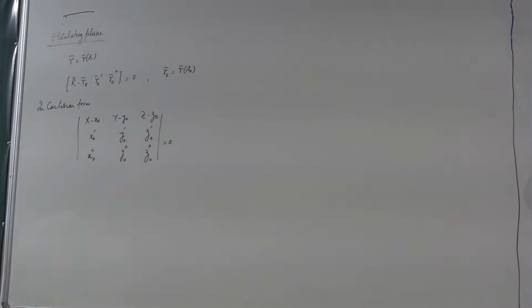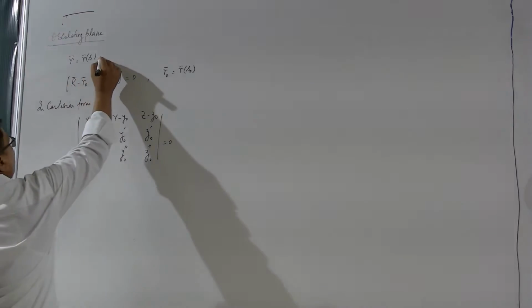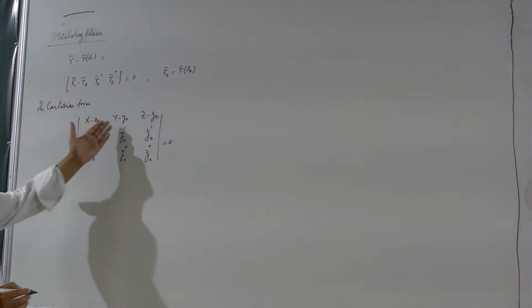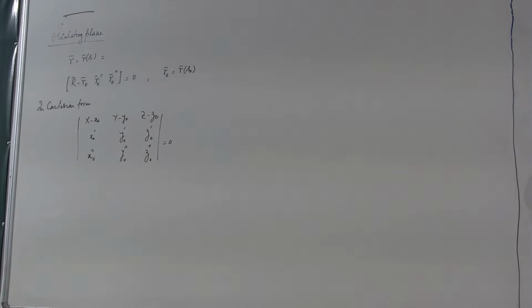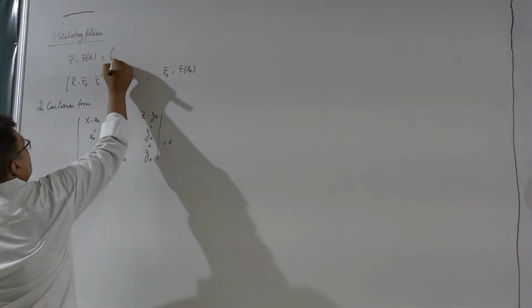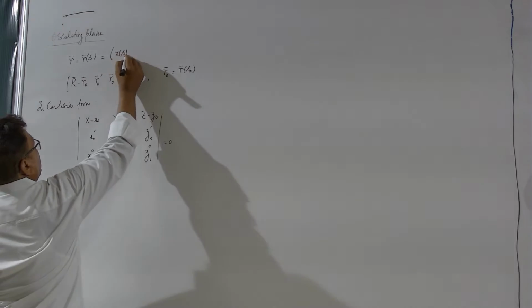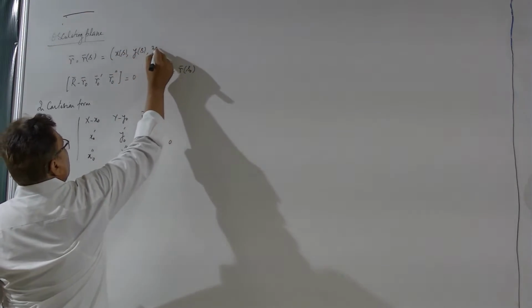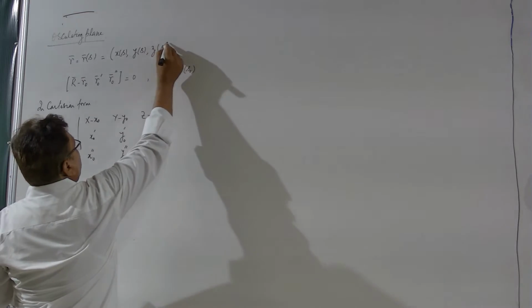Where small x, y, z are the components of the position vector of an arbitrary point on the curve, and capital X, Y, Z are the components of capital R, which is the position vector of an arbitrary point on the osculating plane. So, this is x(s), y(s) and z(s).